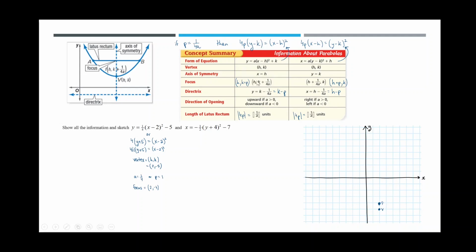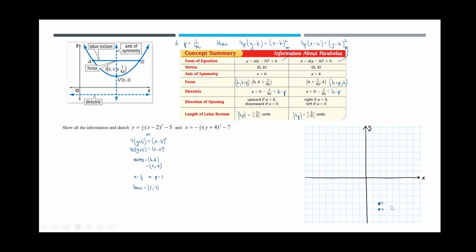And the focal point would be k plus the p. So whatever p is for us, which is 1 for us, so negative 5 plus 1 would be negative 4. Or you could alternatively use this formula, k plus 1 over 4a, but a is a fraction itself. So using p is actually more convenient, then you'll have fewer fractions to work with.